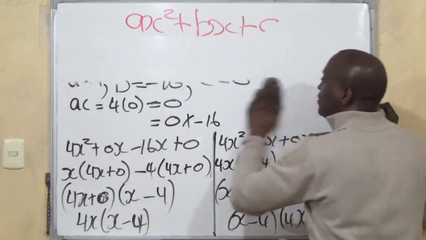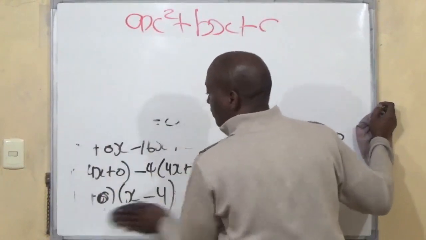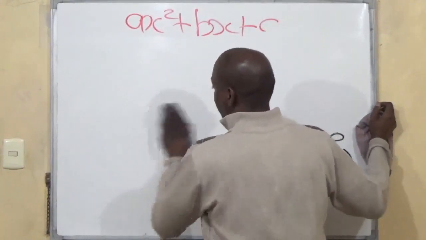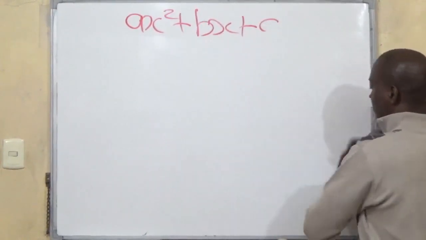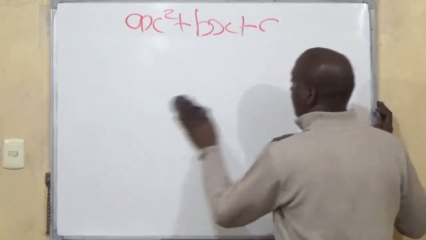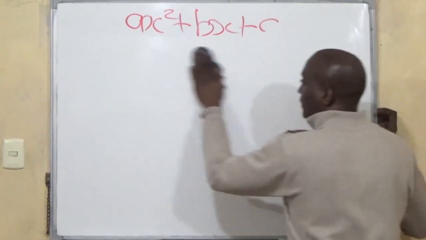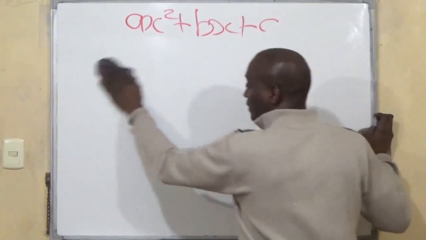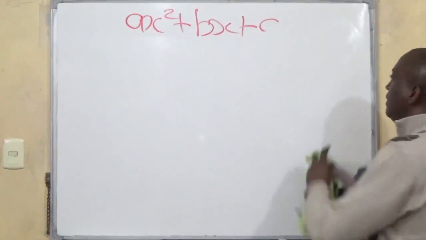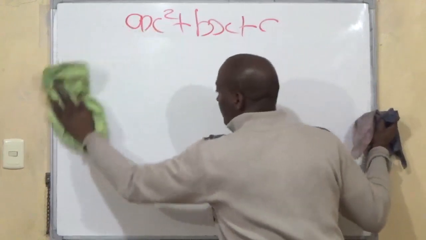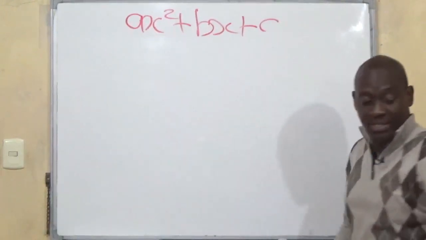Right? So if b is equal to 0, what do we have? Watch the magic, watch the magic. It's sweet, you know, it's sweet. Right? Check it out. Let us say we have 2x squared plus 50.